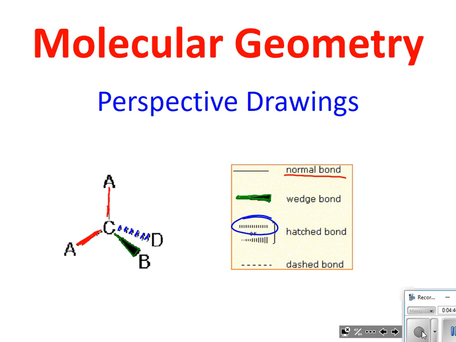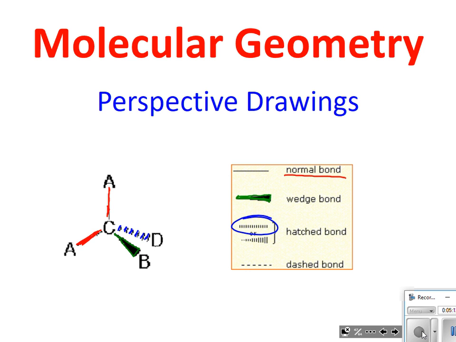Now, if you can't see that, let's look at this little model that I have in my hand. What I am doing is the red bonds, the A and the A, right there, I'm going to put on the same plane as this cardboard.